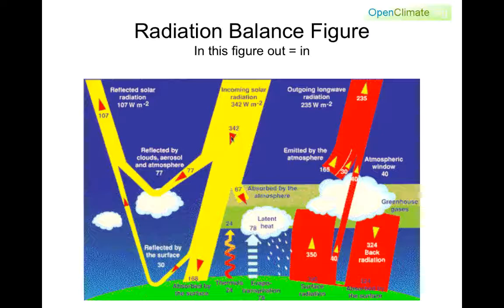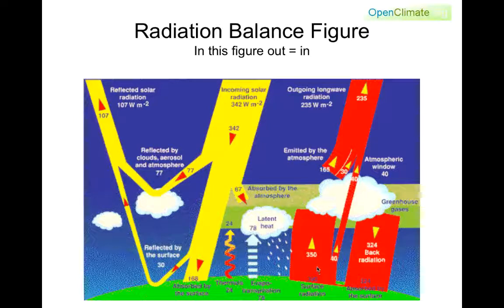I'd also like to note that in this figure, this number down here is that the surface is quite warm and causes this radiation that goes back up here, 350, which is actually larger than what's coming in. So that's where you're starting to see the greenhouse effect, because it goes up, it comes down.